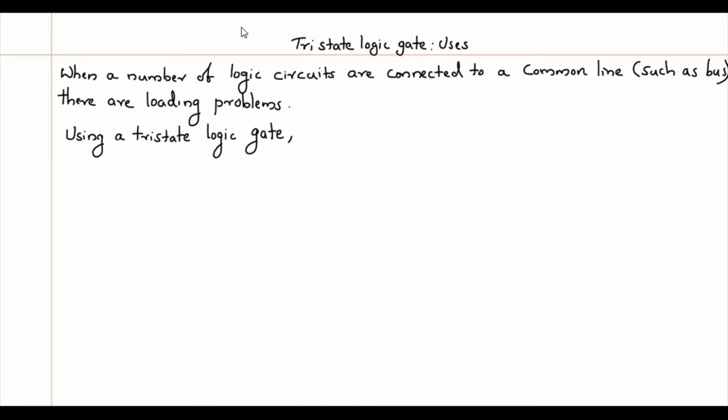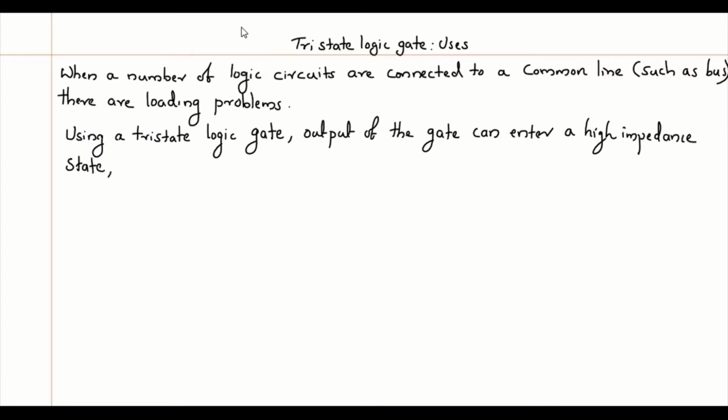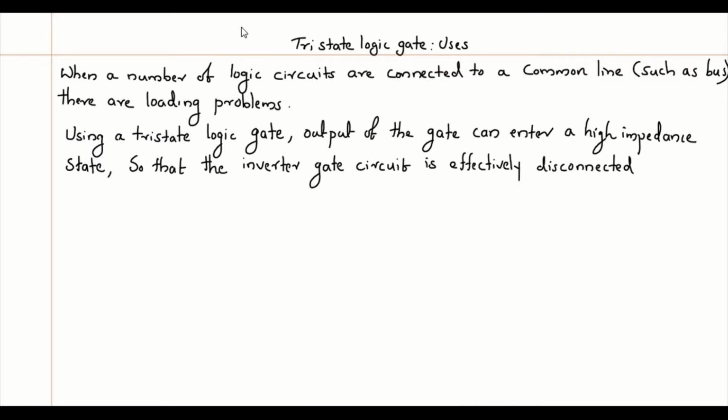So using a tri-state logic gate, we know that the output of the gate can enter a high impedance state. When the output of the gate enters a high impedance state, then the inverter gate circuit is effectively disconnected from the external circuit.